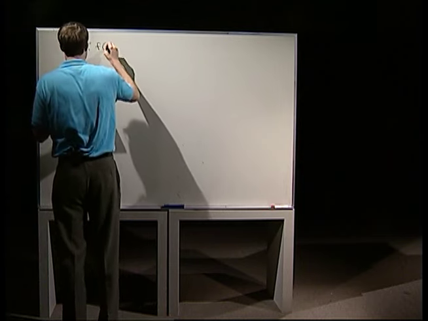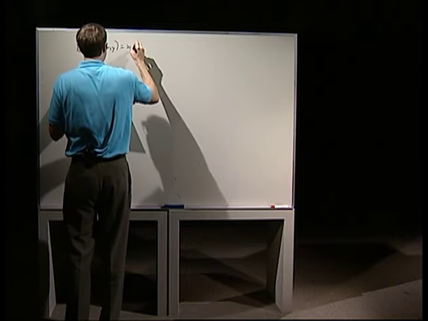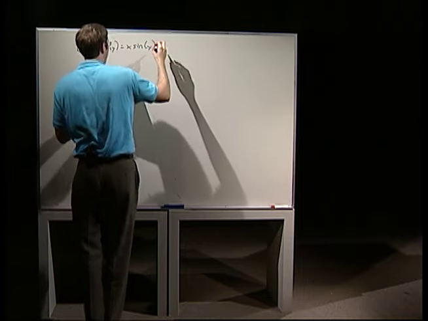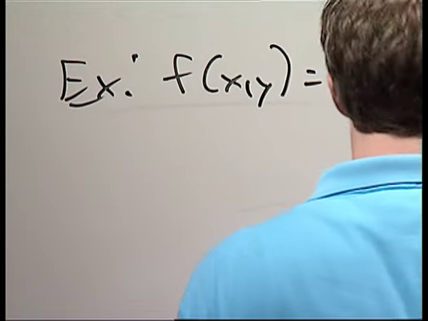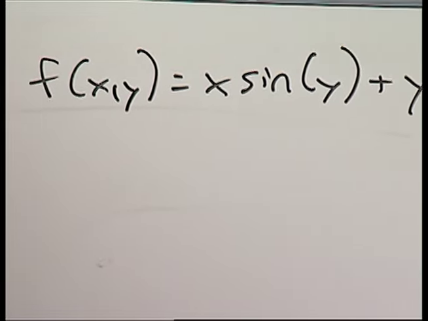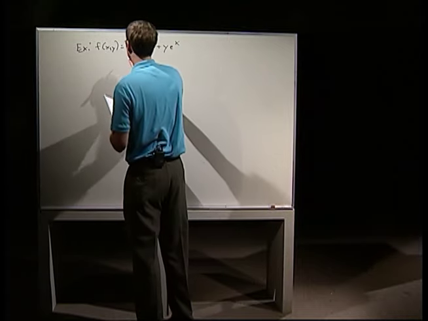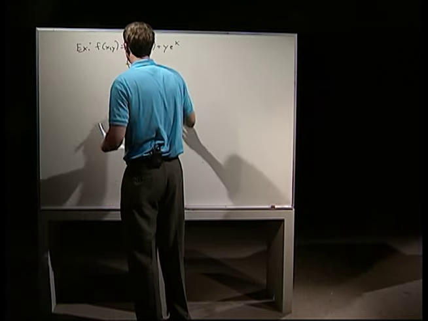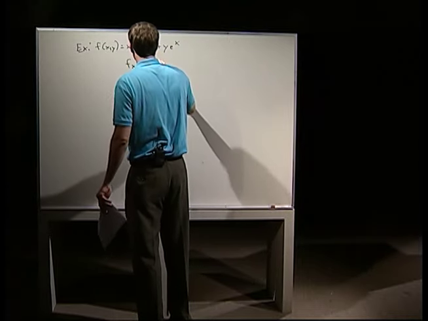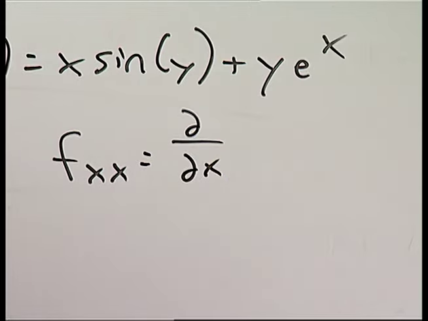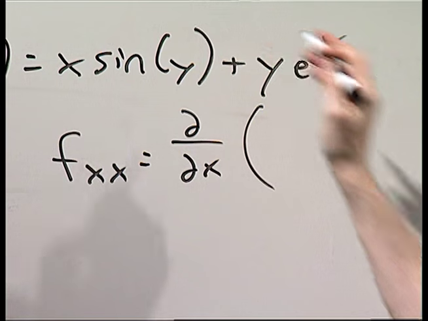Here is a function, f of x, y, equals x times sine y plus y e to the x. Let's compute the second-order partials. This should be a fairly quick process. F sub xx, partial x on the partial with respect to x.